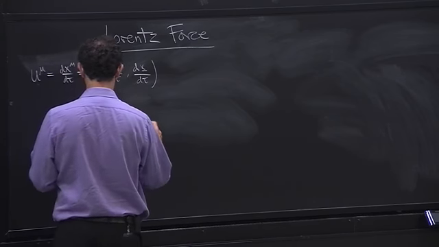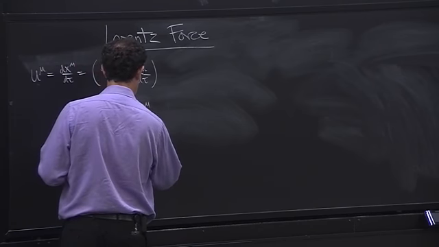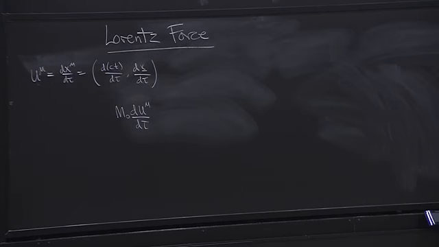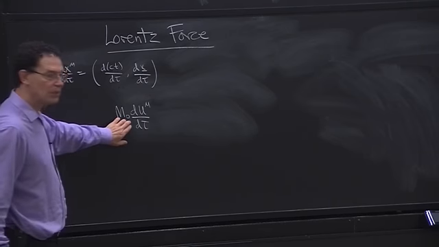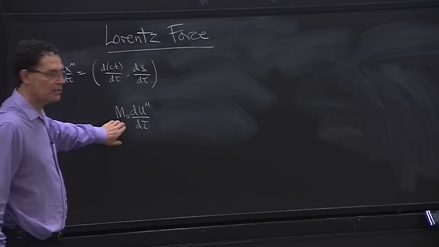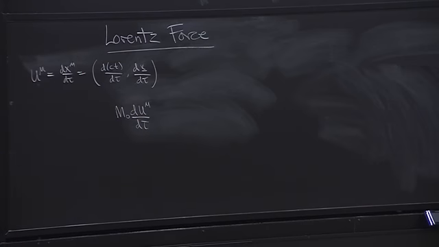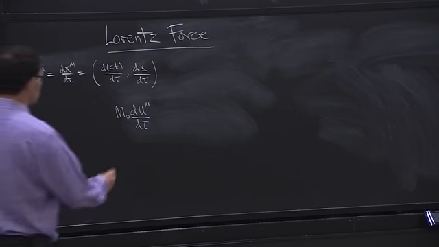So we want to write down some equation which is analogous to F equals ma, and we expect the particle to have some inertia, which will be this mass. So that's a free parameter. It describes how massive the particle is. This du^mu/d tau is the four-acceleration.